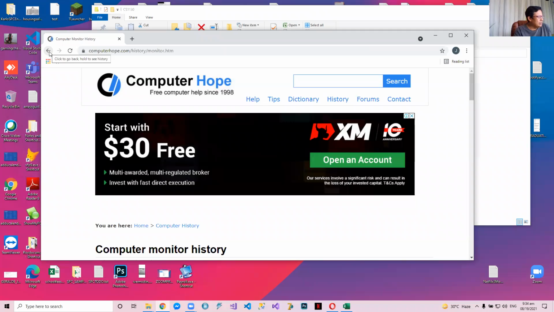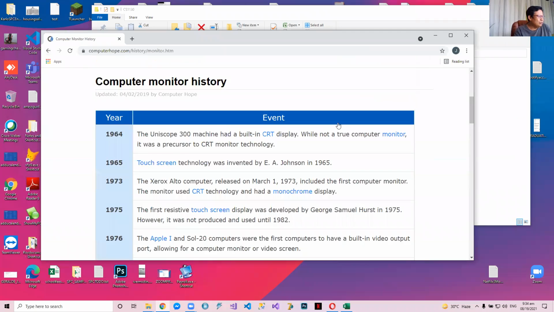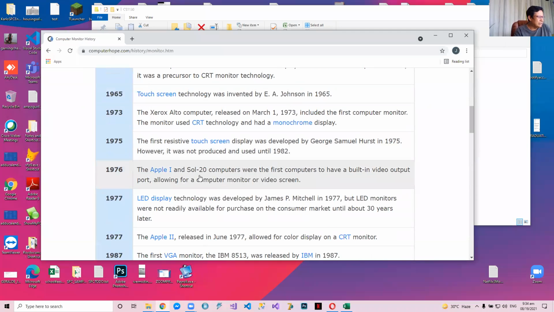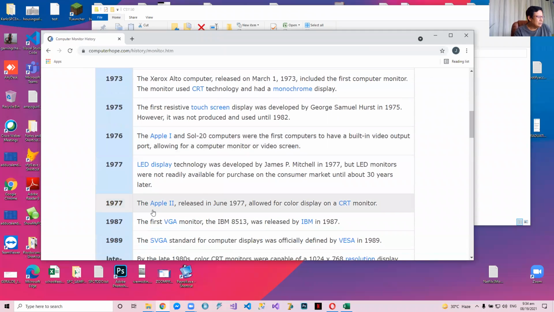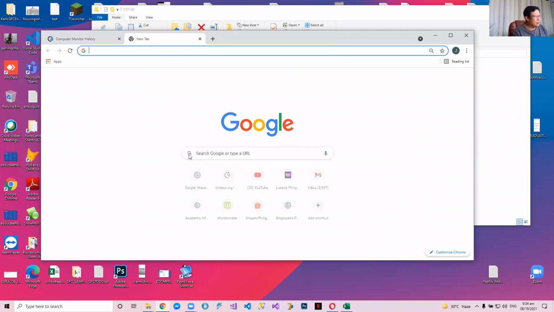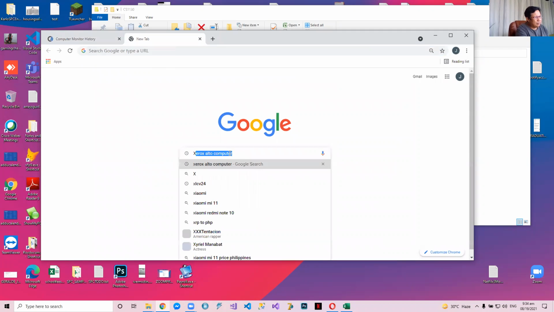So which computer had the first monitor? It's the PDP-1. The first computer with the first color monitor, it's Apple II, 1977, color. Okay, although Apple II was released in 1976, right after the Apple I. Okay, the first computer with a mouse, Xerox Alto.